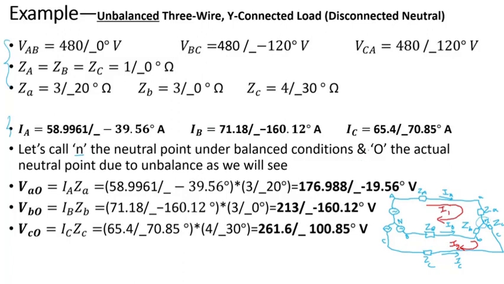But just to differentiate it from when the neutral shifts, as I showed earlier, when you draw the triangle, under balanced conditions the neutral point is here, under unbalanced it might shift somewhere else. So let's call that O instead. When you hear O, it means it's the shifted neutral point.